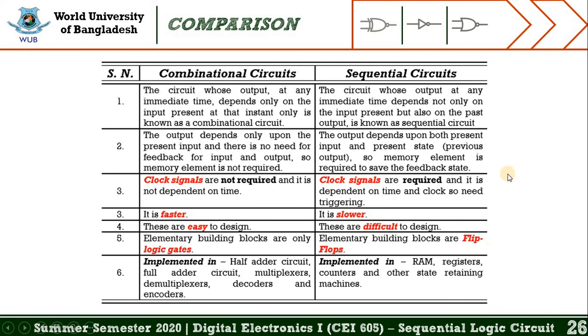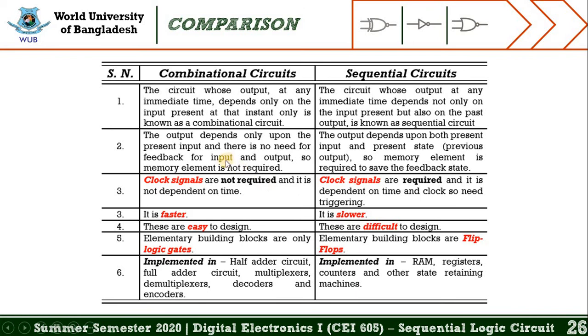Well, an important comparison we need to learn is the difference between combinational circuit and sequential circuit. So let's start. The circuit whose output at any immediate time depends only on the input present at that instant only is known as a combinational circuit. On the other hand, the circuit whose output at any immediate time depends not only on the input present but also on the past output is known as sequential circuit.